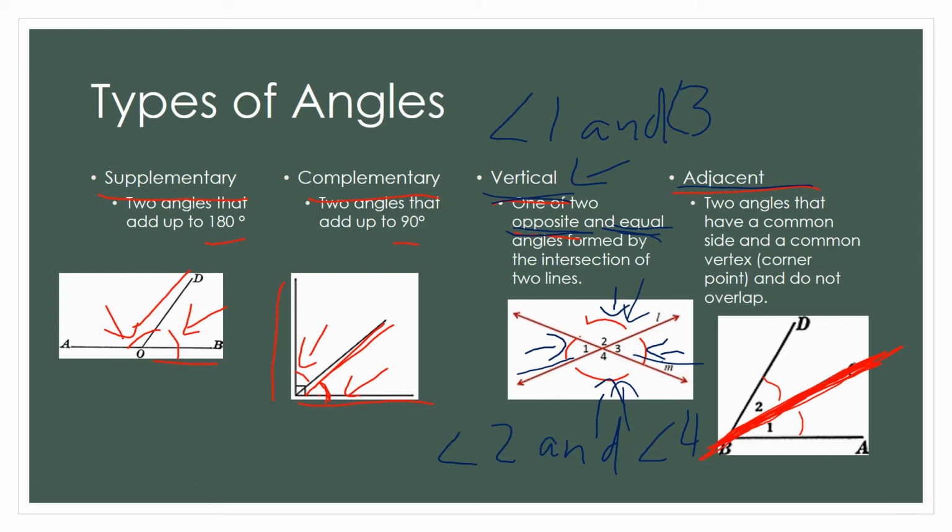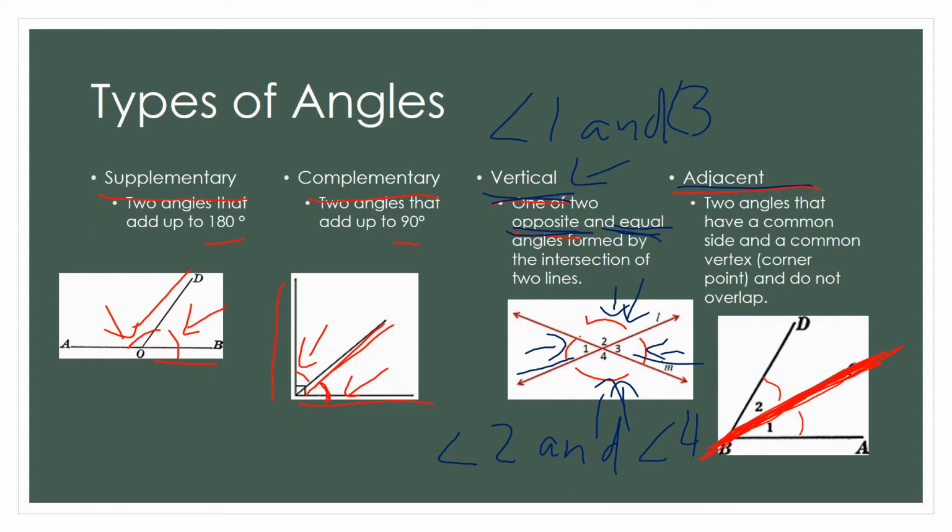So this angle, angle 1 right here, is the same as angle 3. If they're opposite, they're equal. Angle 2 and angle 4 are the same because they're opposite. If they're opposite and equal, they're vertical angles. So that's going to help you later on. So if they're vertical angles, they are equal.